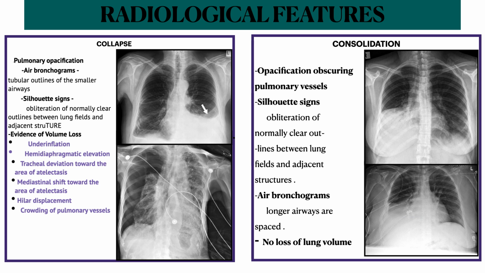So we will start with collapse, where we have pulmonary opacification, air bronchograms where there are tubular outlines of the smaller airways, silhouette signs, and evidence of volume loss like underinflation, hemidiaphragmatic elevation, tracheal deviation toward the area of collapse, mediastinal shift toward the area of collapse, hilar displacement, and crowding of pulmonary vessels.